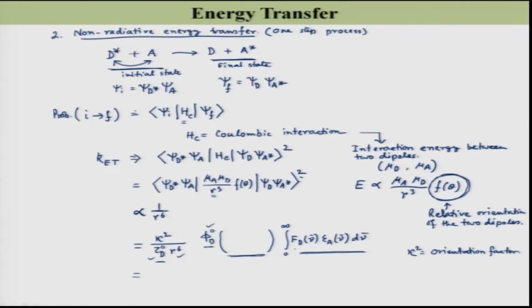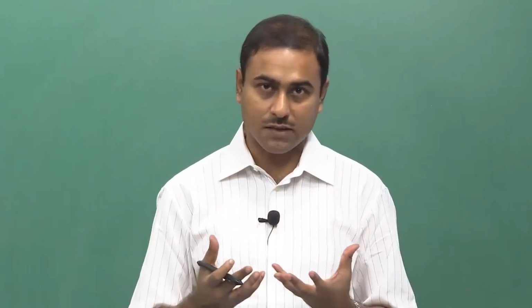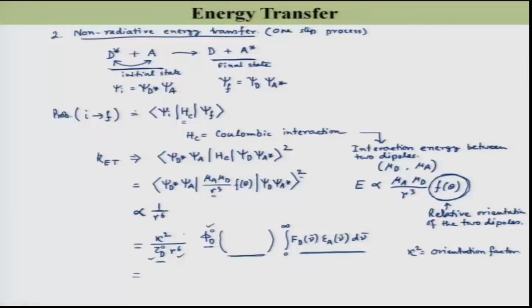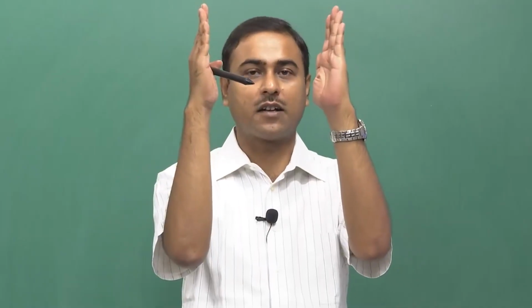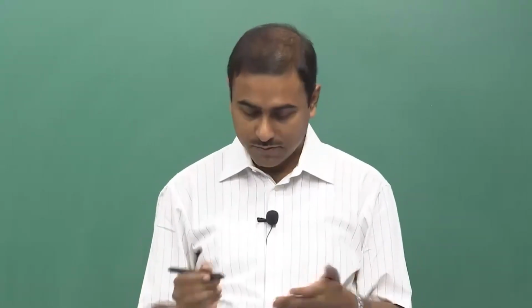If I define this as my D and this as my A, then the overlap integral has to be constant for a particular solvent. So, all these things are constant. Only κ squared is not constant, because it depends on the relative orientation of the donor. Donor is like this, acceptor is like this, the κ value is different; donor and acceptor like that, the κ value is different. So see this κ squared.